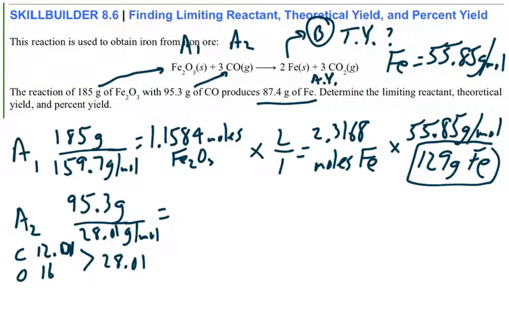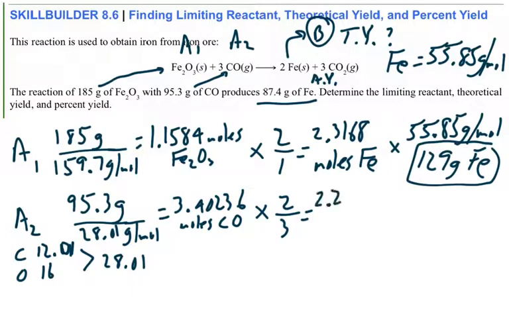So let's change 95.3 grams divided by the molar mass of A2, or carbon monoxide. You get 3.40236, and that's going to give you moles of CO. Now the new mole ratio, B over A, notice it's 2/3, so you got to multiply by 2, then divide by 3, and you're going to get 2.268, and that's going to be moles of Fe.